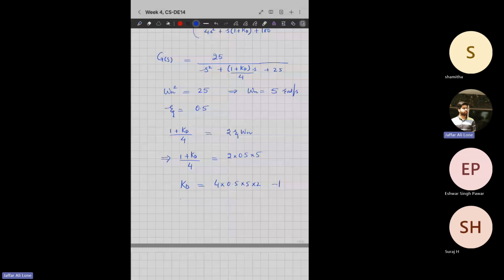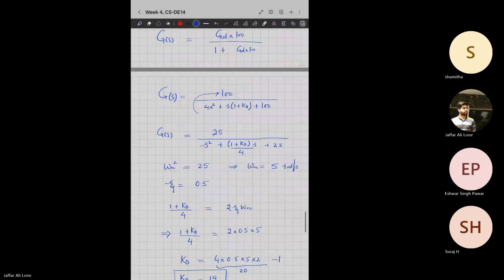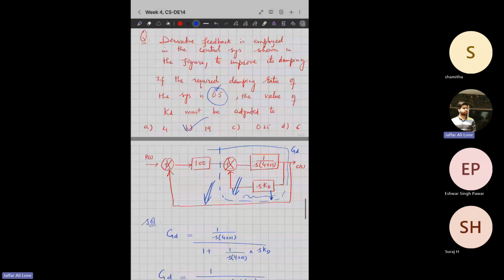It implies my KD is equal to 40 by 2... 20 minus 1, 19. So my KD was 19. Did you understand how I solved this?